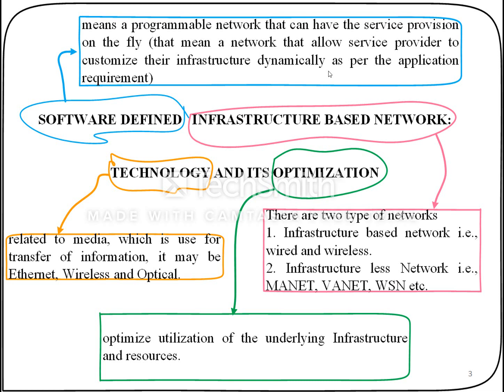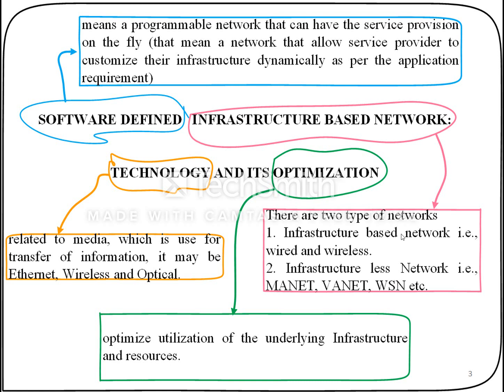This is the basic concept, and software-defined networking deals with both types of network, infrastructure-based or infrastructureless. We all know infrastructureless means a reconfigurable network. And infrastructure-based networks are wired and wireless both.